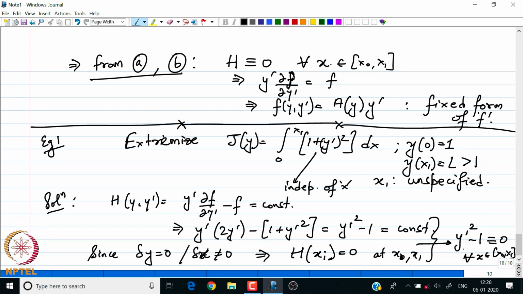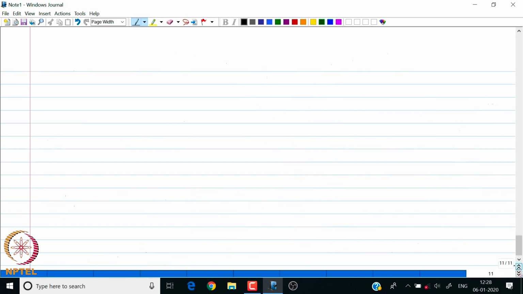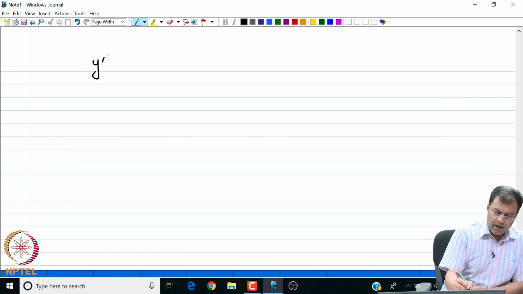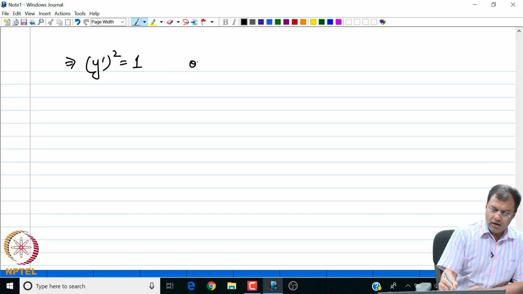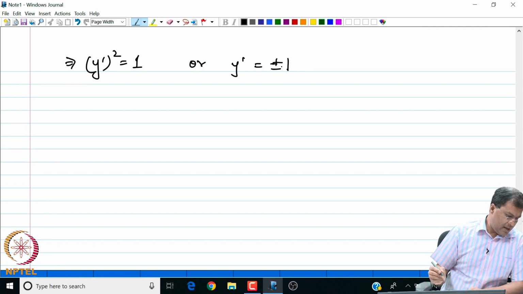Then all I have to do is solve this equation. I see that y prime square is equal to 1, or y prime is equal to plus or minus 1.